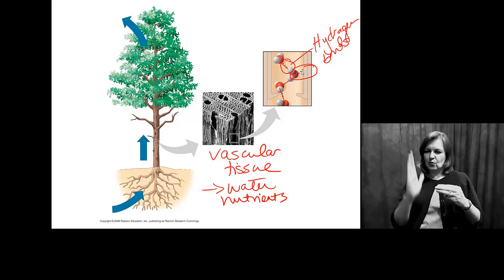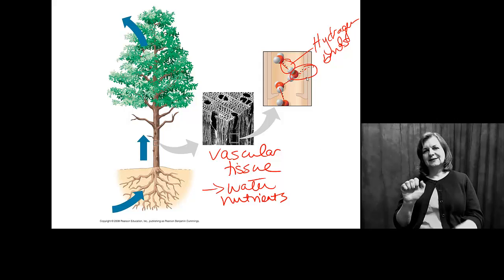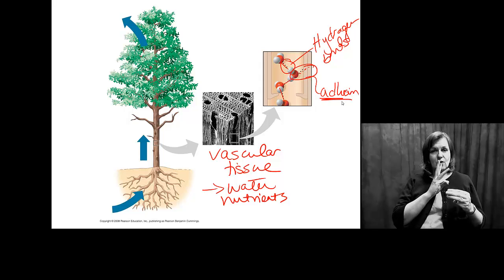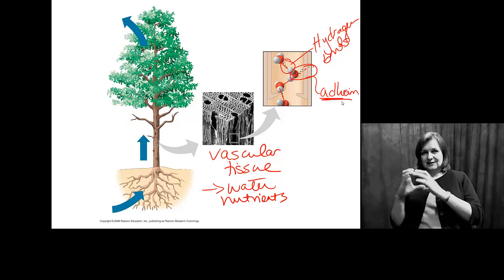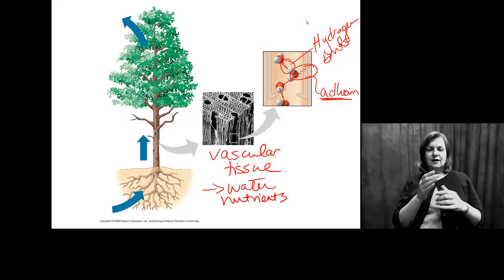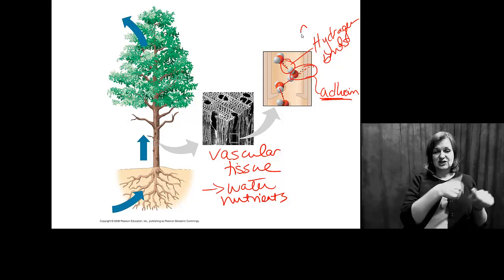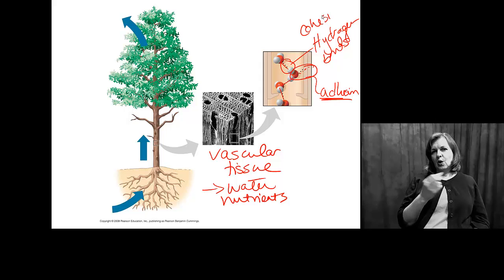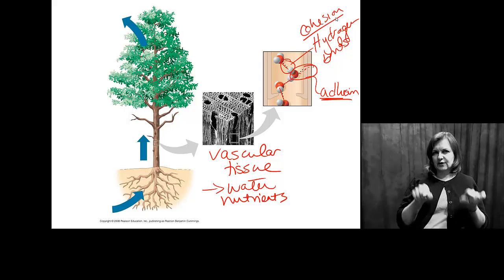So when we look at this little dotted line here, this is actually adhesion, because it's between a water molecule and the plant cell wall. The hydrogen bonds between two water molecules, that's cohesion. Okay, so two differences there.